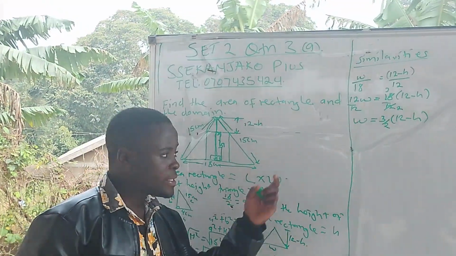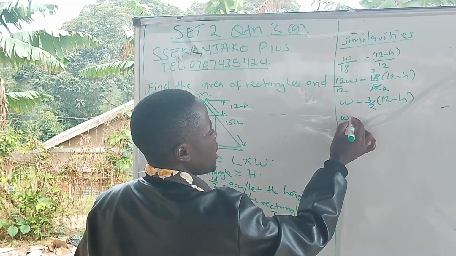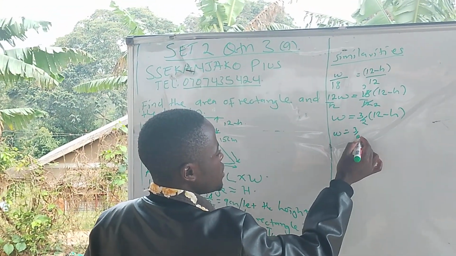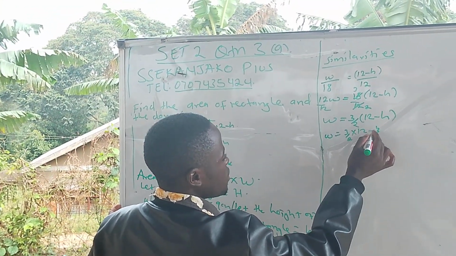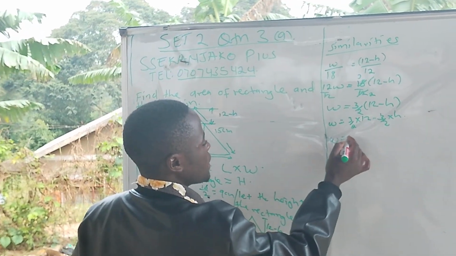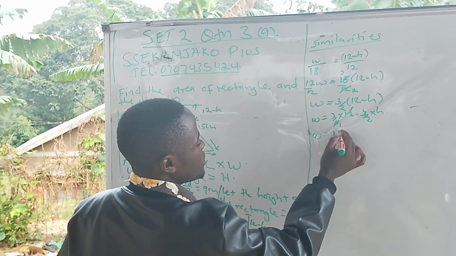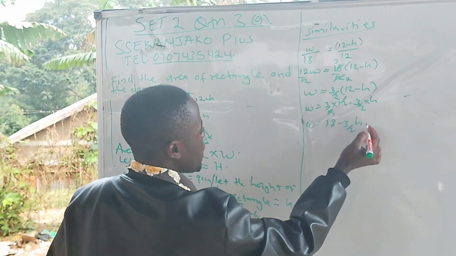Taking 3 over 2 inside to multiply all inside, I have 3 over 2 times 12 minus 3 over 2 times h, so w is 18 minus 3 over 2 h.